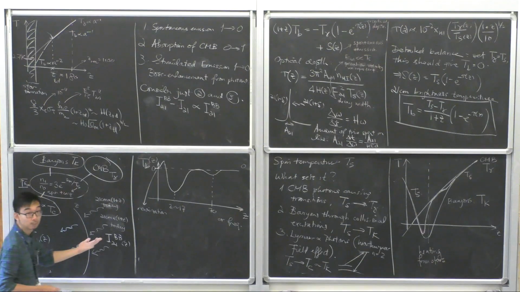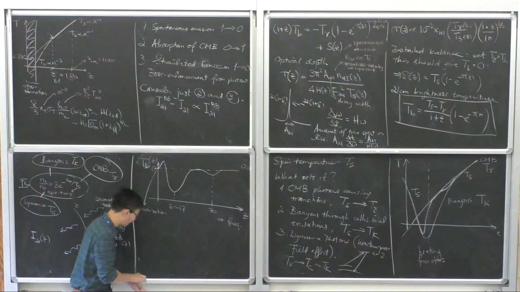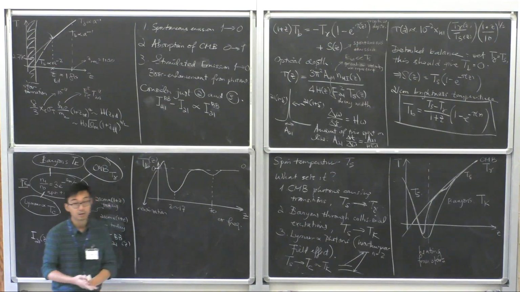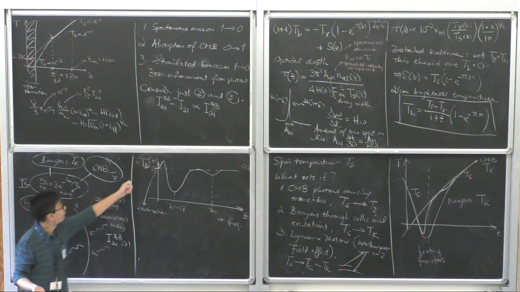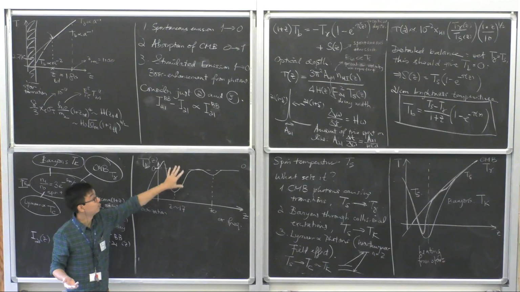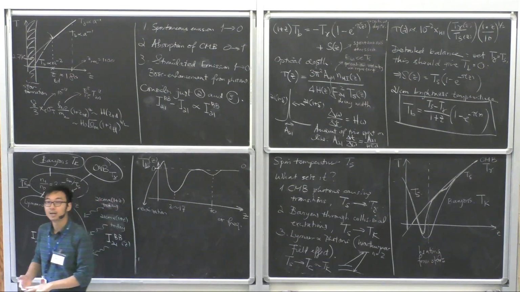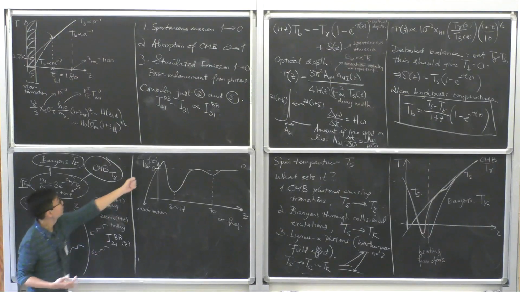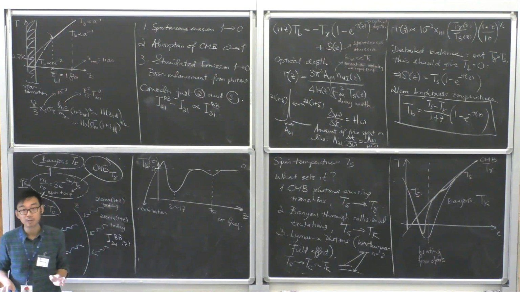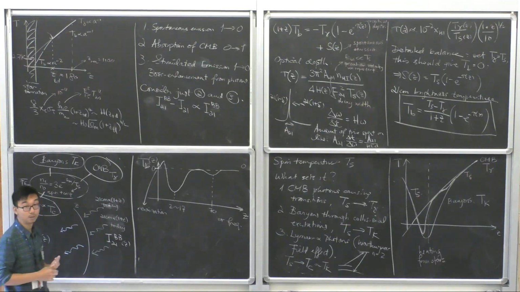For 21 cm as well, you can do 2 things. You can either, one, look at the all sky average of TB, and you should try to look for a signal that looks like this. Okay, and the other thing you can do is you can try to look for fluctuations in TB, which will give you some power spectrum.